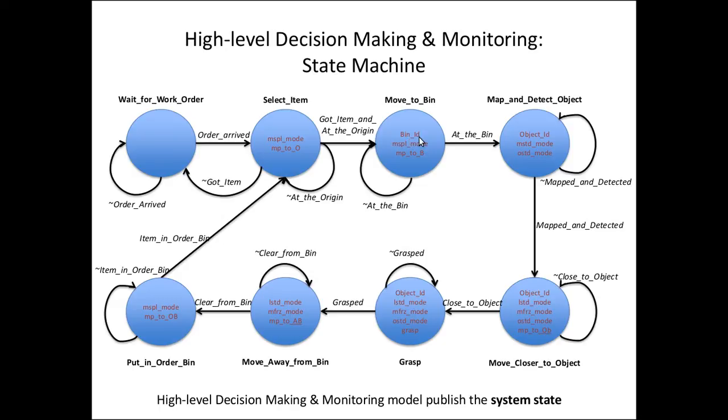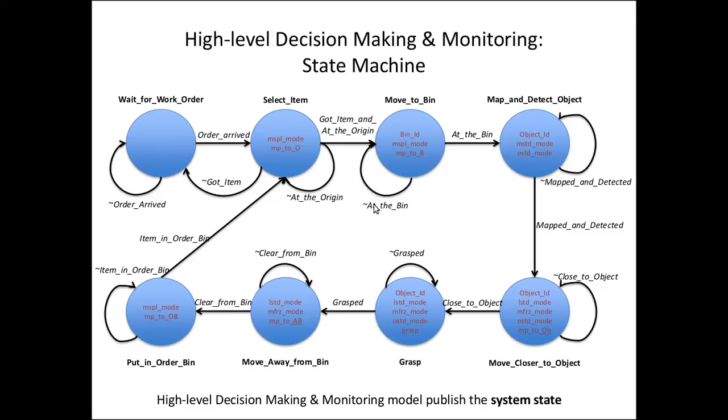So when the state machine is in this state, it issues the other information that will tell the robot to move to the front of the desired bin ID. While it doesn't happen, the state machine stays in the same state.